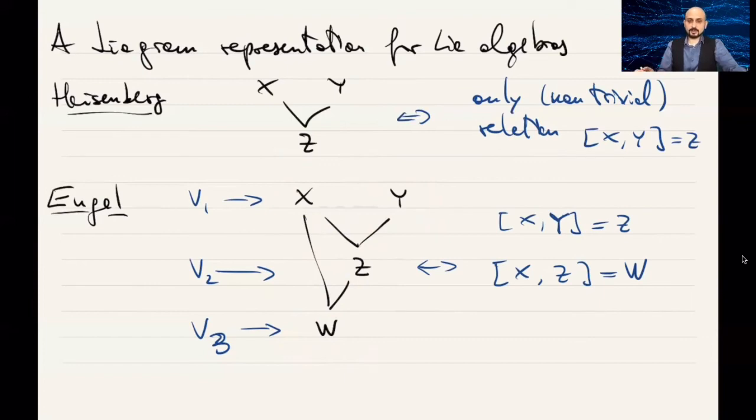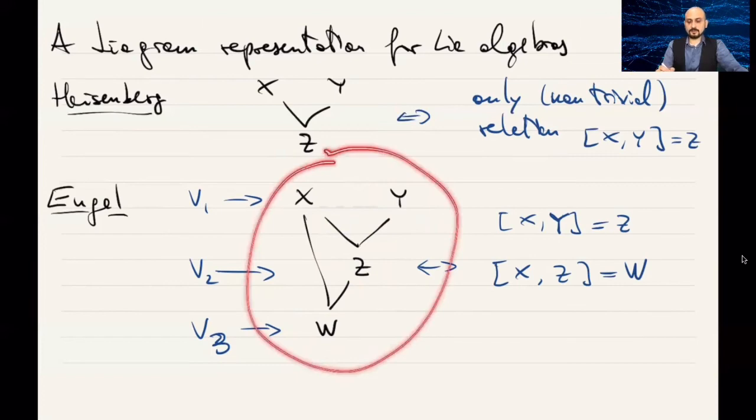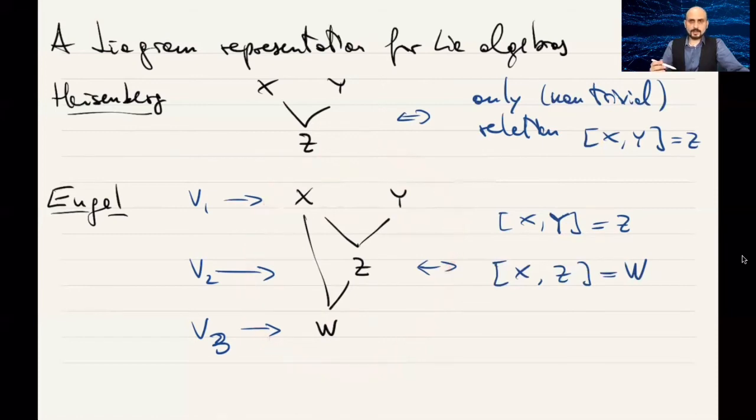Pay attention, because if you just write a random diagram, first of all, this might not satisfy the Jacobi identity. Second, it might not agree with the grading. We will see later that this can happen even for nilpotent algebras.